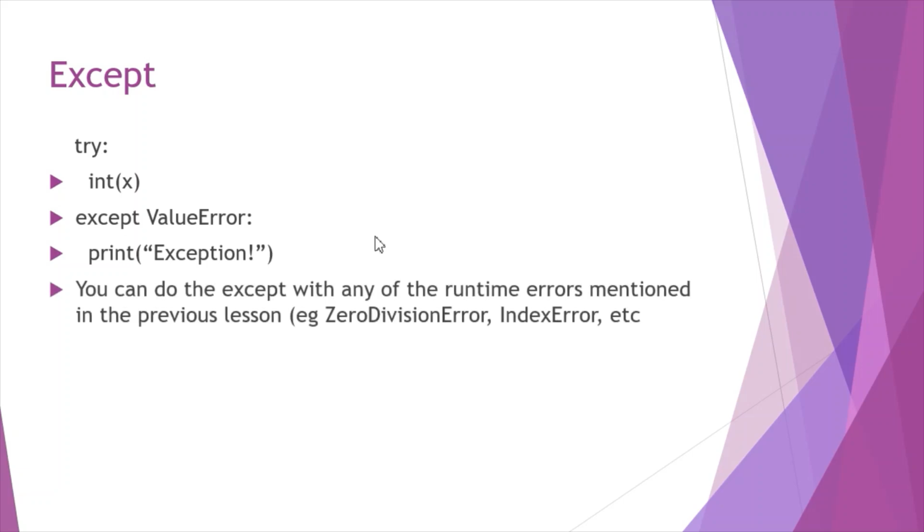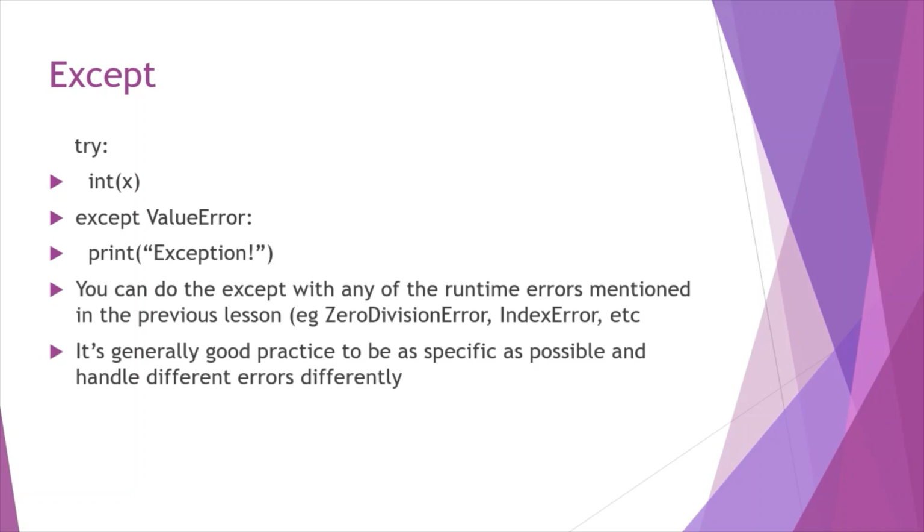You can do the except with any of the runtime errors mentioned in the previous lesson, for example zero division error, index error, etc. But it's generally good practice to be as specific as possible and handle different errors in different ways. For example, you might handle the zero division error in a slightly different way to the way you'd handle a value error.